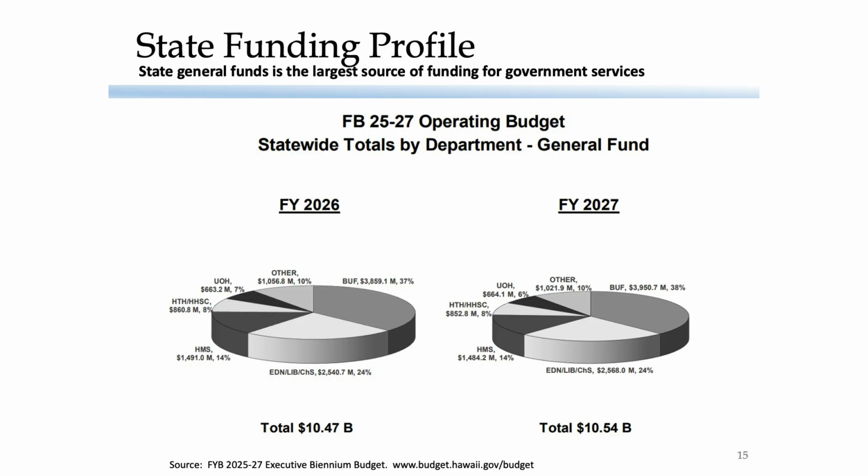But when you look specifically at general funds of the state of Hawaii, only the general fund revenues, the picture is a little bit different. So as I mentioned, general funds is the number one sought after revenue source for all departments. It provides the most flexibility, but it is also the most sought after for legislative appropriations. For the University of Hawaii, if you looked at only general funds in the general fund budget of the state, the portion that is actually provided to the university is much less.